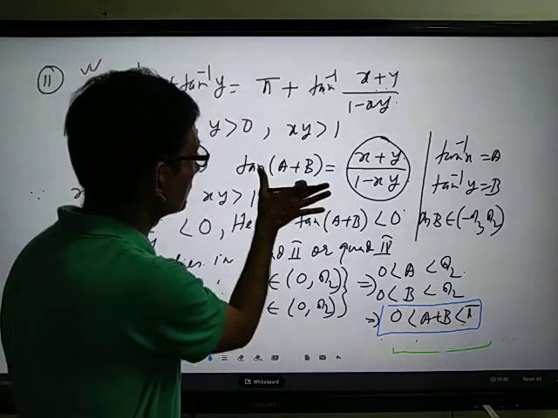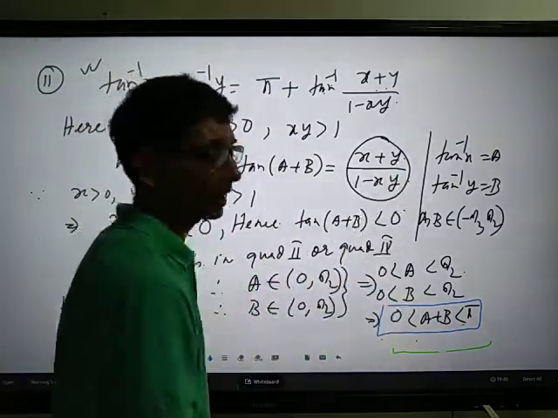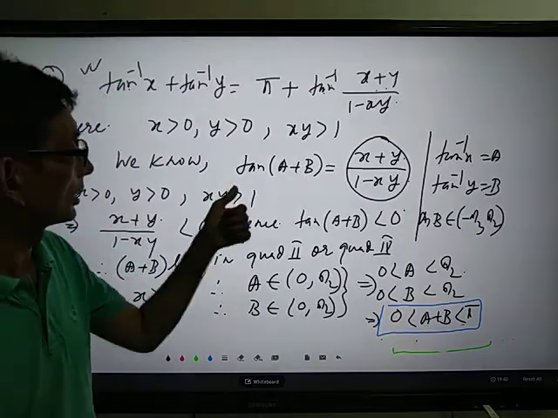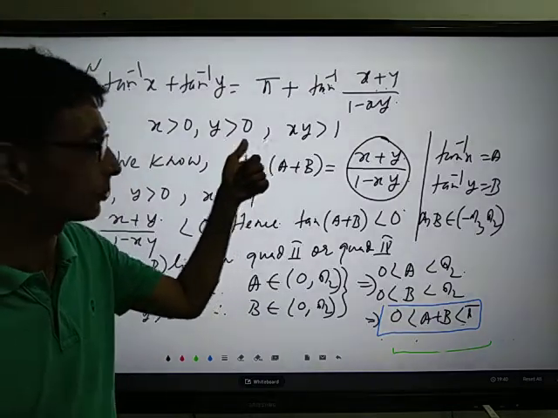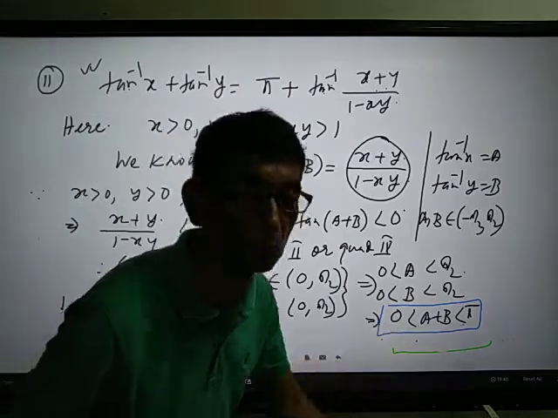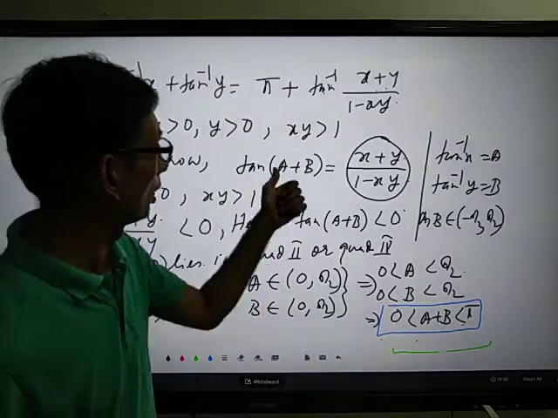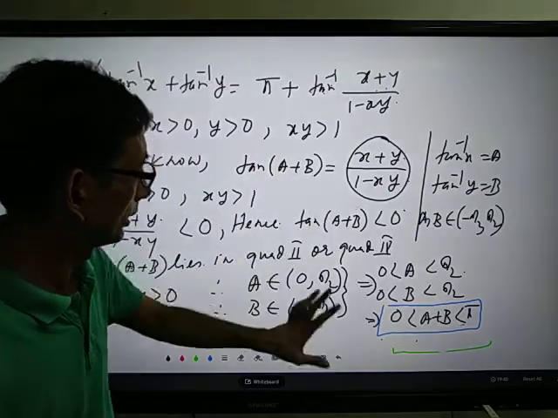From these steps, can we write a plus b equal to tan inverse of x plus y? We can't. The reason is that the range of tan inverse is not 0 to pi. So we need to manipulate this.